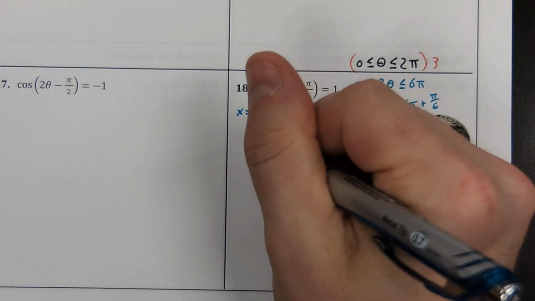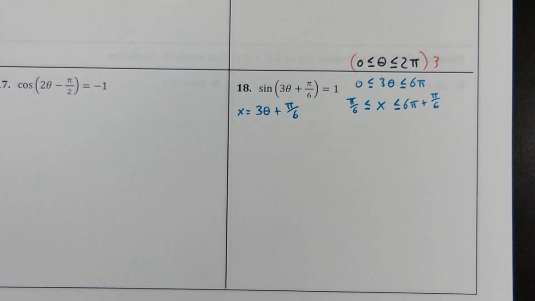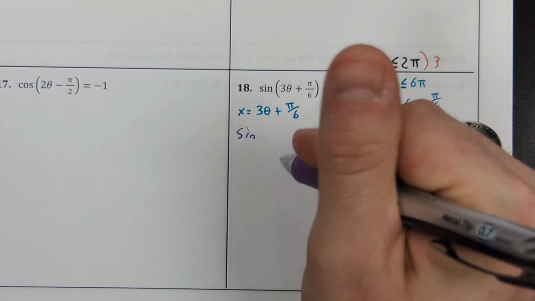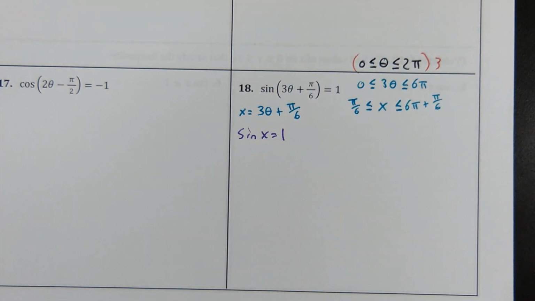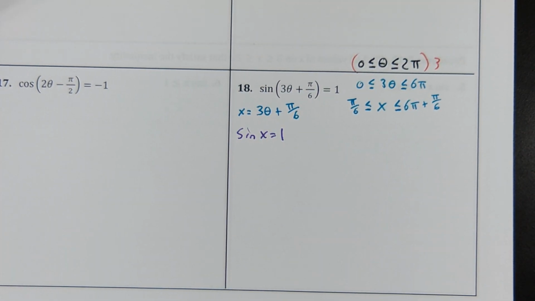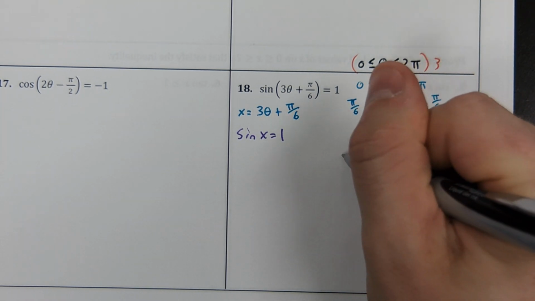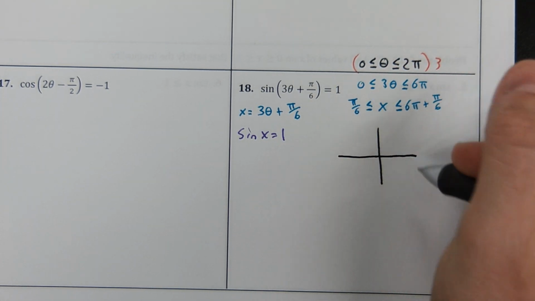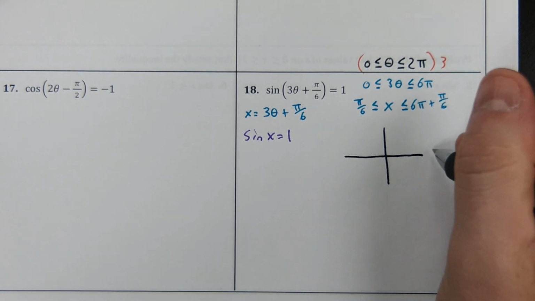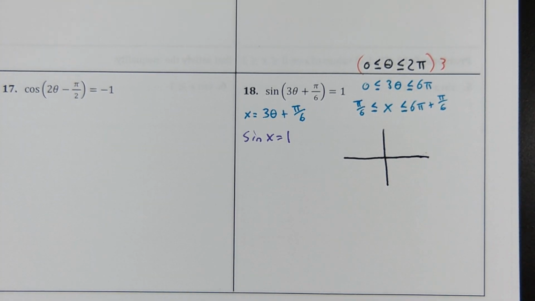Okay. We are attempting to figure out where sine of x now equals 1 on this domain. So first, I'm going to draw my quadrants. And let me ask you, for y over r, where is the only place that the y value is the same as the radius?